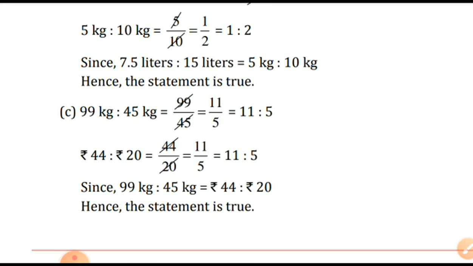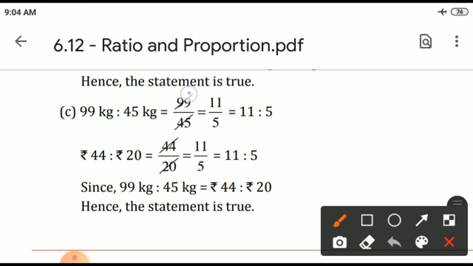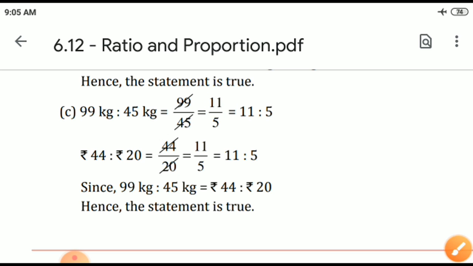But our ratio has no units. Because here it's kg written, kg will cut, and here rupees is there up and down. That's a numerator and denominator will cut it. Only number is there. That's why we can say ratios and proportions are only numbers. It has no units, no any specifications.